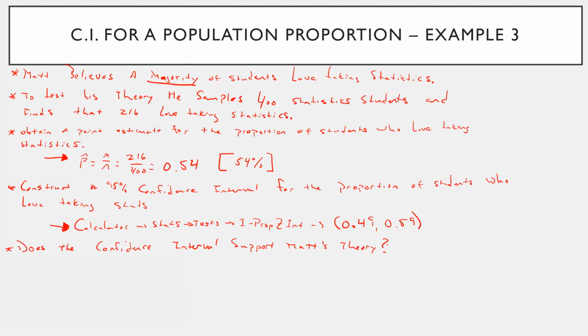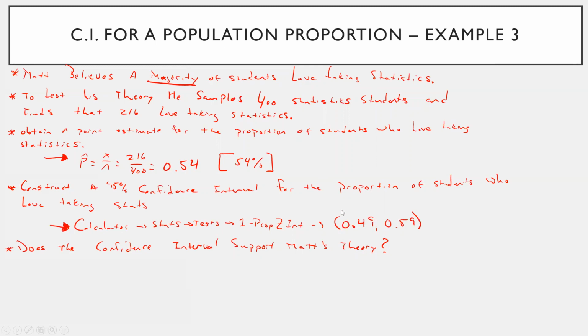So what is the real proportion? Well, there's no way we could know this. So our confidence interval tells us, well, I'm 95% confident. It could be as low as 0.49 and every number in between 0.49 to 0.59. So 0.491, 0.49001, everything, 0.499999, okay?